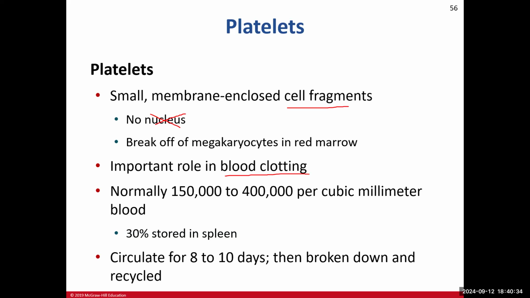Don't worry, I won't ask you these numbers, 150,000 to 400,000 per cubic millimeter of blood. Just know there's a lot, all right? It's quite a bit. And those are numbers that they'll look at when they are looking at your CBC with diff to determine if you have an elevated platelet count or a decreased platelet count. I always like this number here. It's pretty interesting that a good number of them are stored in the spleen.